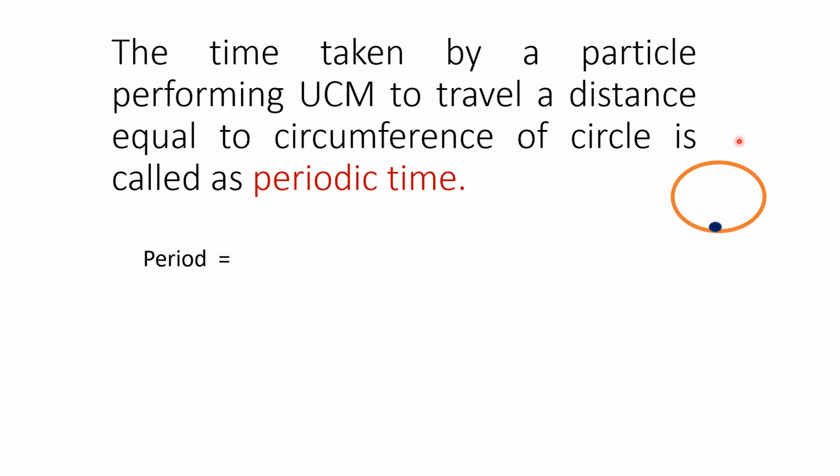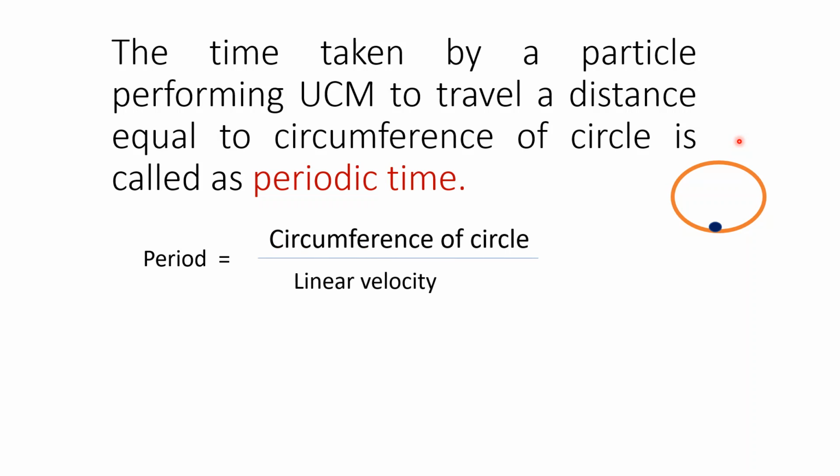We know the formula for the periodic time, that is period is equal to circumference of a circle upon linear velocity. This formula is reframed from the definition of velocity, that is velocity is equal to distance upon time. The time is taken as a period, therefore we get the formula for the periodic time equal to circumference of a circle upon linear velocity.